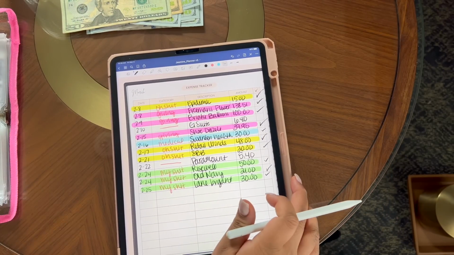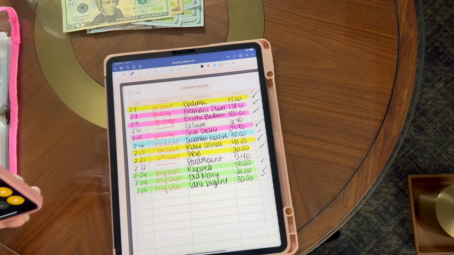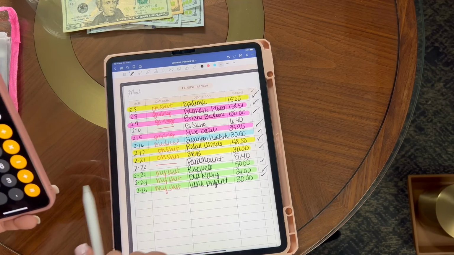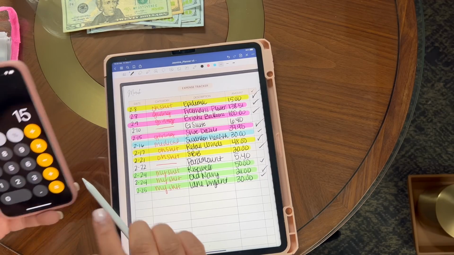And I'm going to do that. Okay, I have my other phone here, so I'm just going to use the calculator to figure out our grand total here.